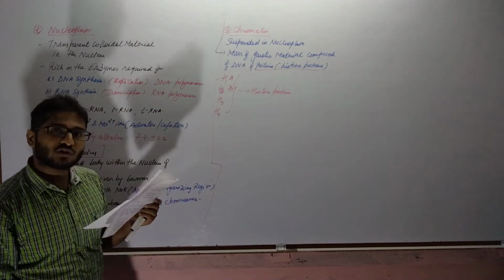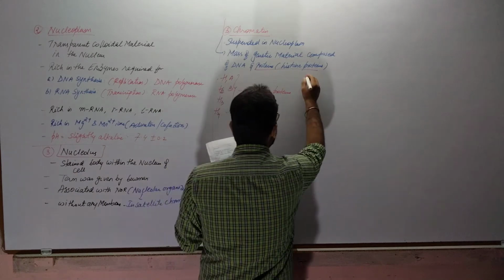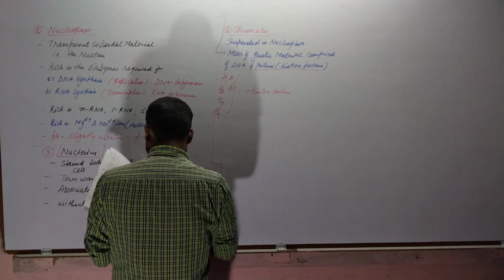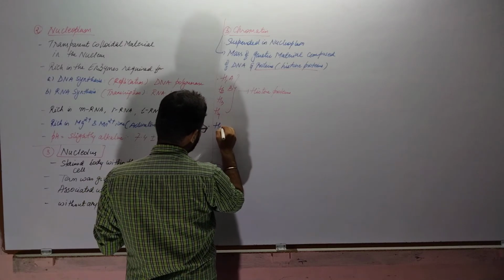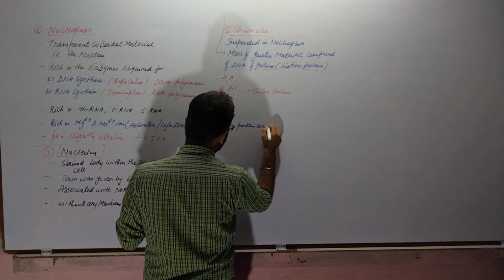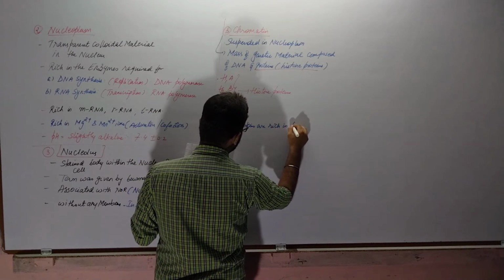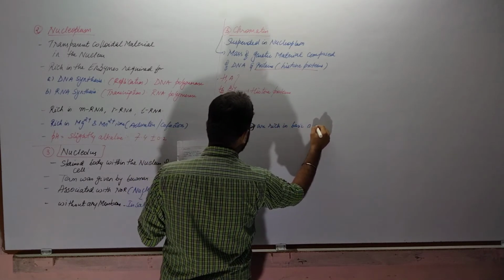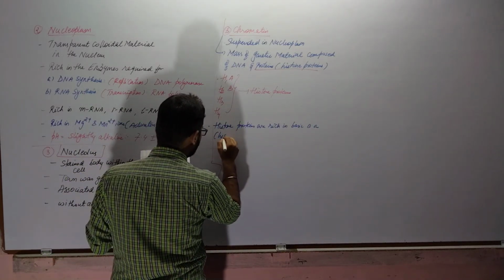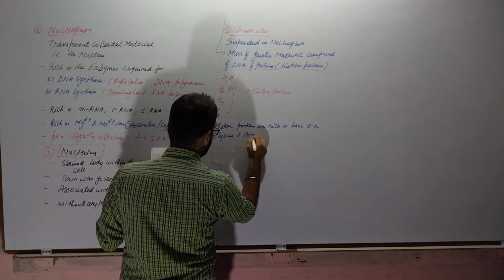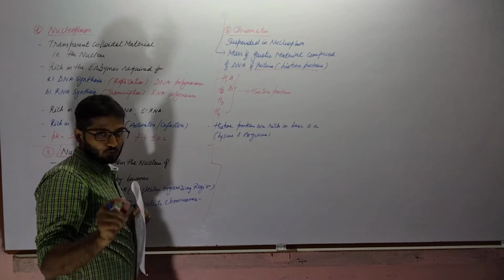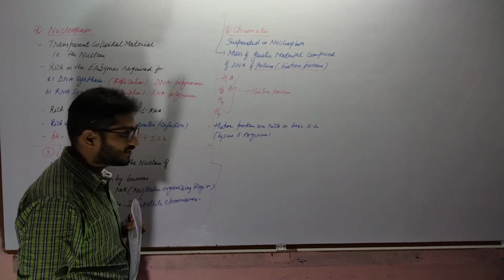Histone proteins are rich in basic amino acids like lysine and arginine, and these basic amino acids are providing the positive charge.